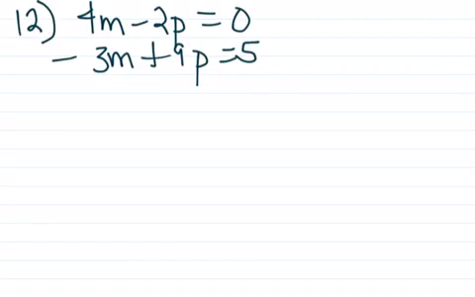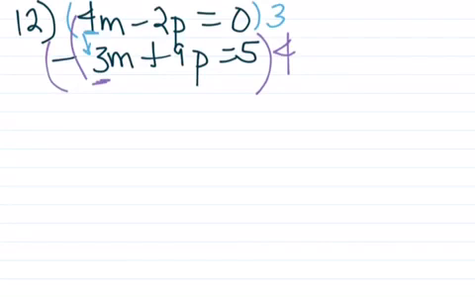So that means I need to multiply this bottom equation by 4 and the top equation by 3, because to determine what to multiply this one by, I look at the coefficient of the other m.